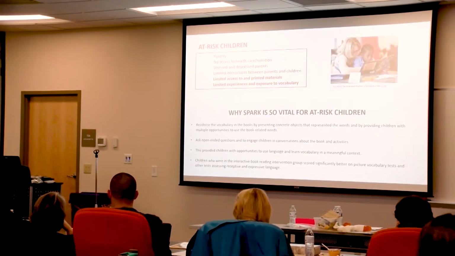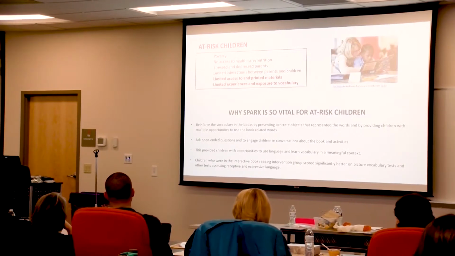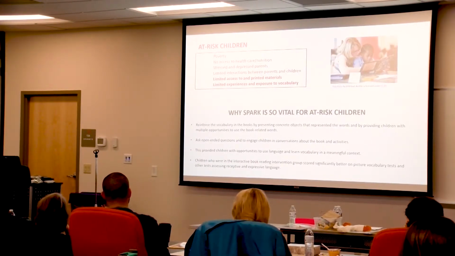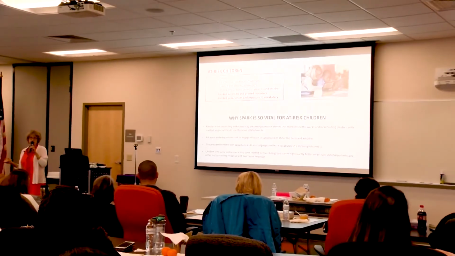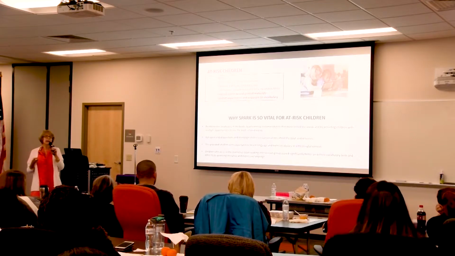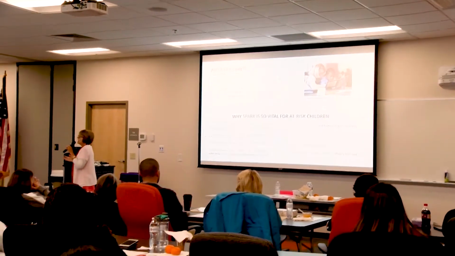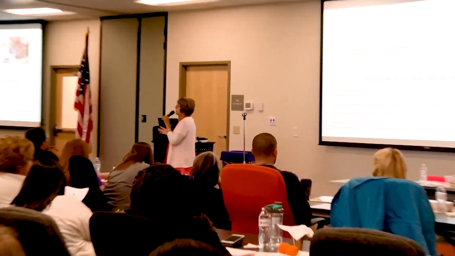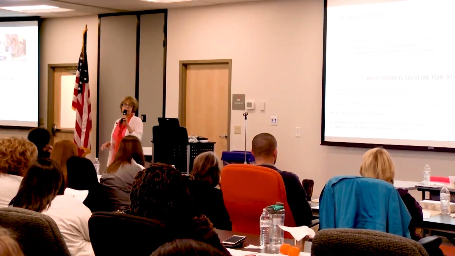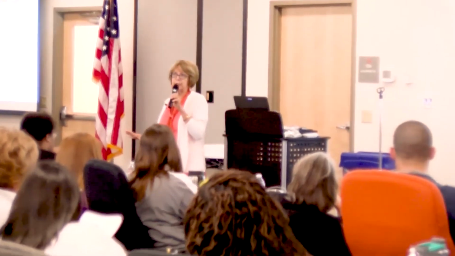So trauma in childhood has a definite correlation, not a cause and effect, but a correlation to risky behavior in adulthood, which means drug use, suicide attempts, unable to keep a job, depression, heart problems, medical issues, diabetes, obesity, all correlated with trauma in childhood. And they've identified about 20 different factors of childhood trauma.